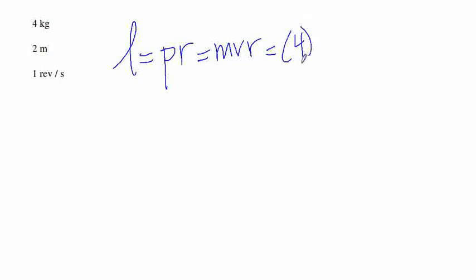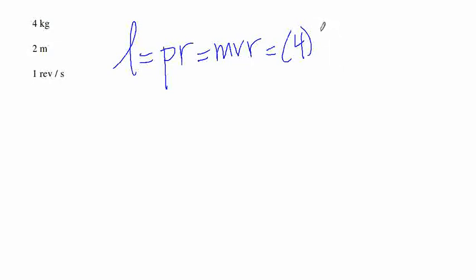Now, we can calculate the angular momentum for the rock as follows. I'm going to find mvr. Well, the mass was given, that's 4. The velocity, that one's going to take an extra step. So the rock is completing 1 revolution every second. 1 revolution corresponds to 1 circumference.